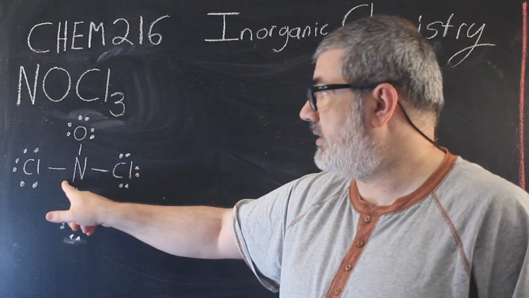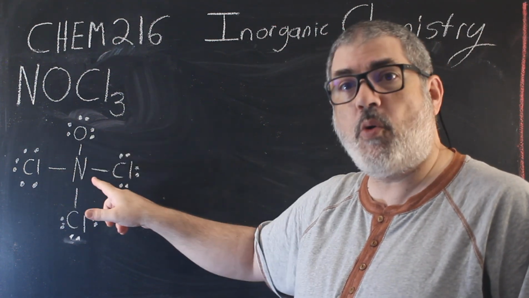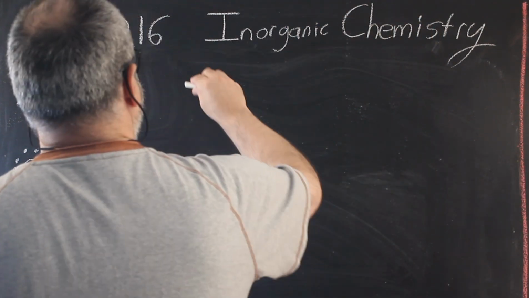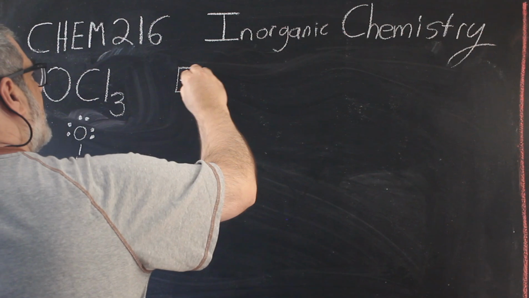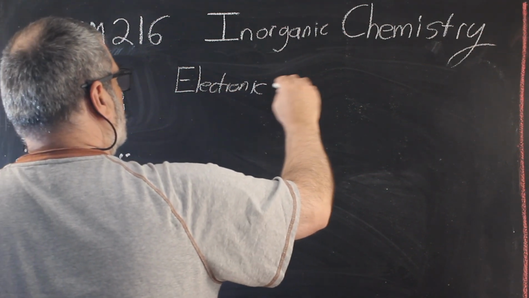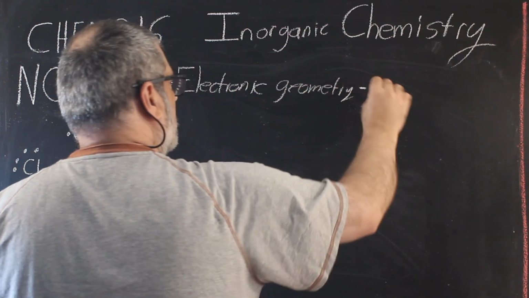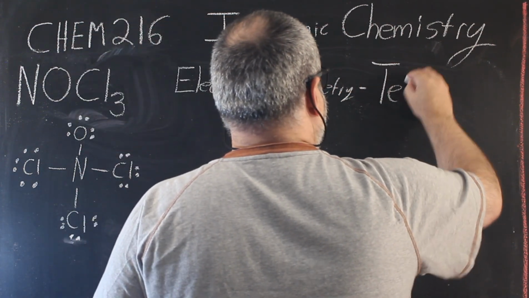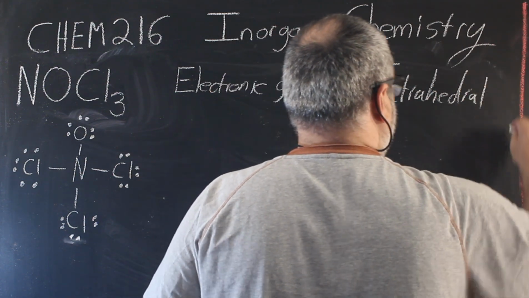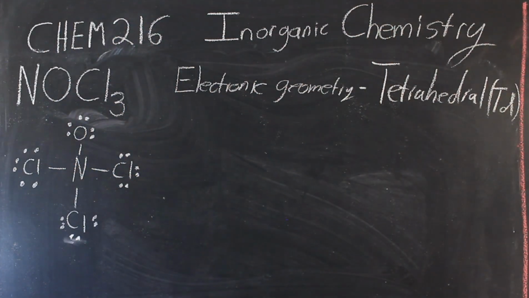So we have our nitrogen. It's the central atom. It's bound to 4 atoms with single bonds. So what that means is the electronic geometry is going to be tetrahedral, abbreviated as TD.